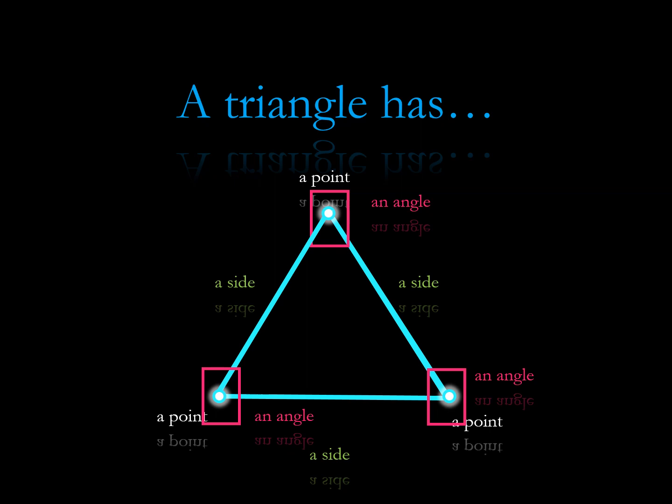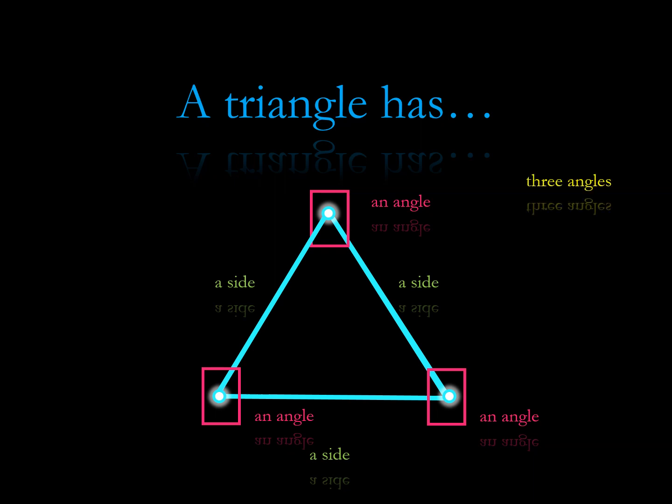All right. Well, let's see. I see 3 angles and I see 3 sides. And if we have 3 angles and 3 sides, we have a triangle.